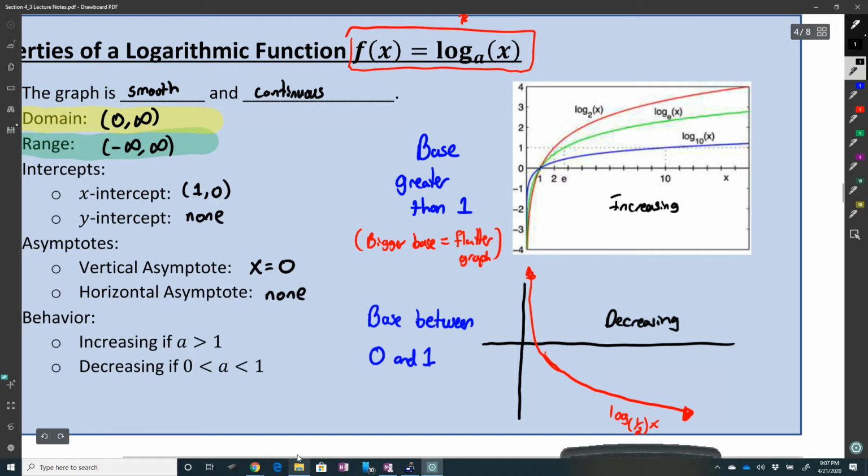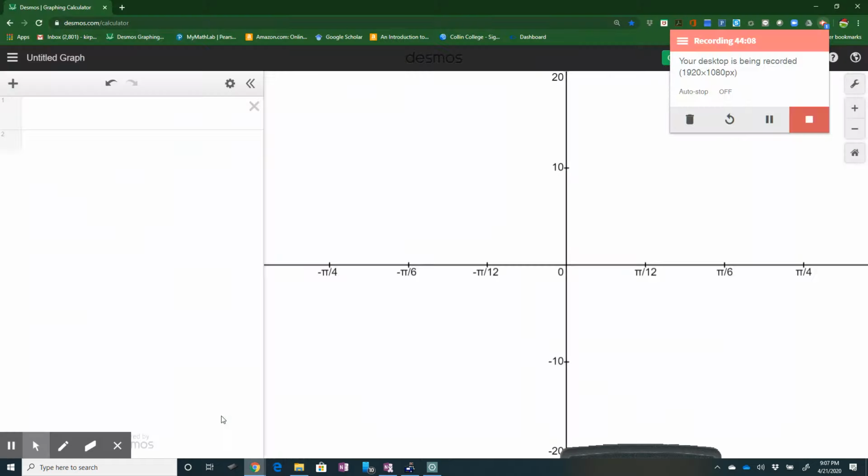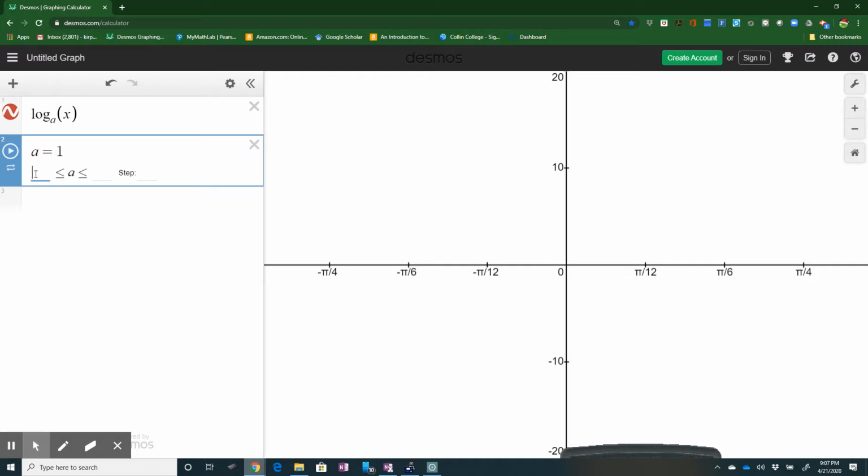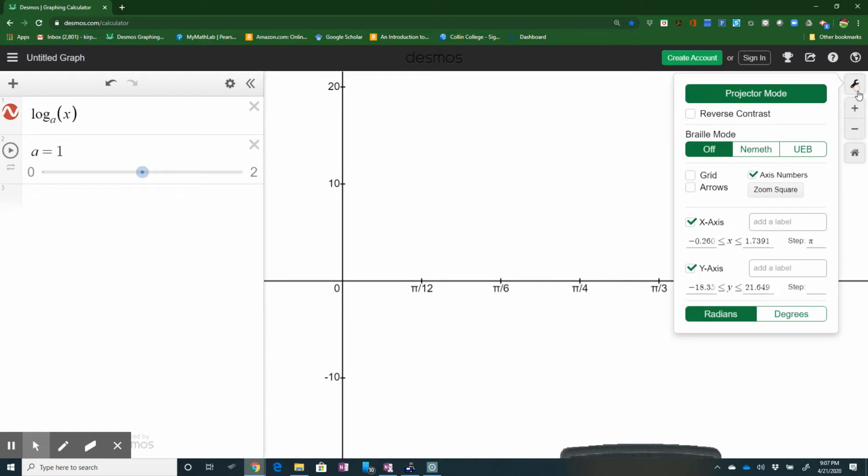All right. So if I go to Desmos, I can graph this log base a of x, make a slider for a. Let's say a has to be between 0 and 2. Let me switch this. I was doing a video for a trig class earlier, so that's why everything's in pi.